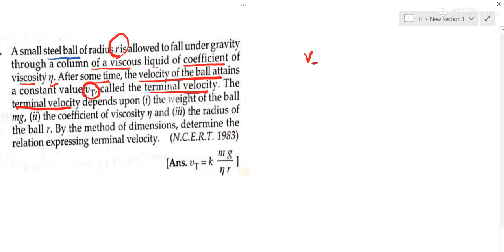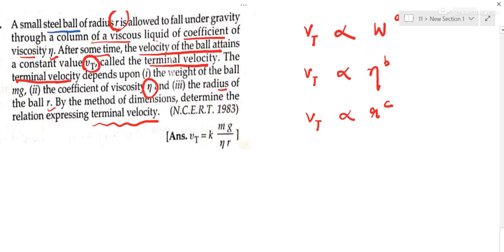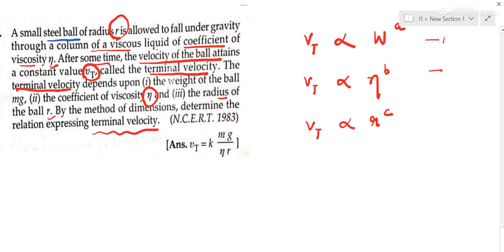The terminal velocity depends upon, first, the weight of ball, mg, so it is weight of ball to power A. Second quantity is coefficient of viscosity to power B. And radius also it is depending upon, so radius we will take to power C. We have to produce the expression for velocity.